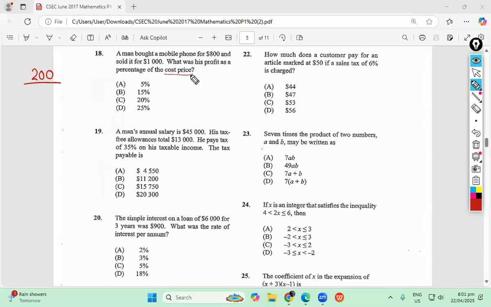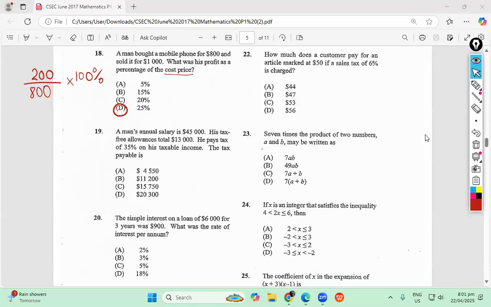To be honest, they didn't even need to remind you of that. By default, it's supposed to be the cost price. The cost price is 800, and then you multiply by 100%. If you do this, you'll get 25%, right? Number 18 is D. Right, so that one is pretty easy.